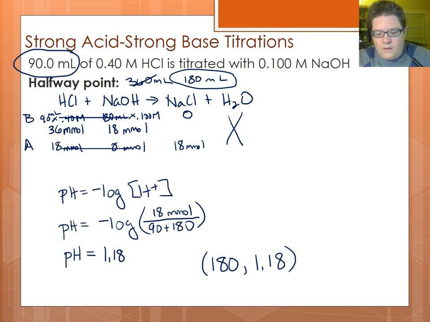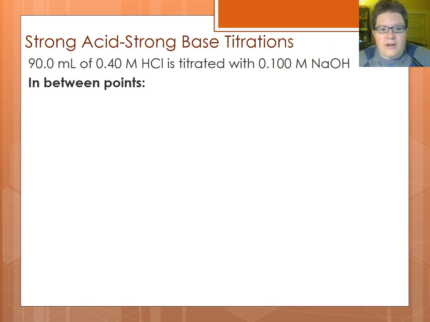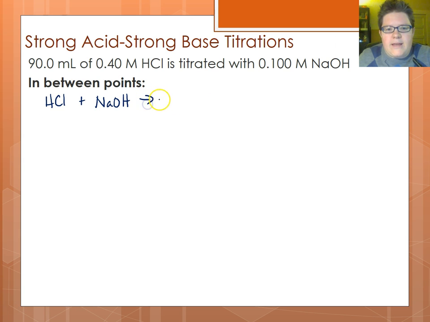All right. Okay, next point is our in-betweens. And so your in-betweens, I've noticed that there's kind of a 90 thing going on, so I'm just going to keep going with that. And so HCl and NaOH, same old, makes NaCl and H2O. And so I'm going to start here with my before. My before was 36 millimoles last time. That's not going to change, so I'm just going to keep going with that.